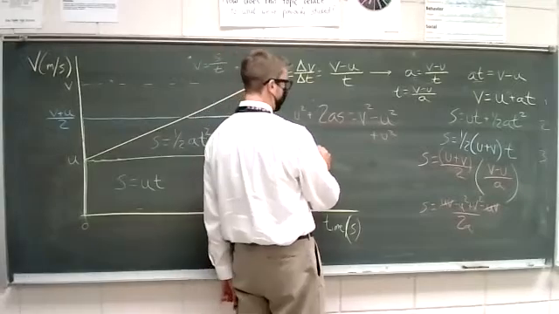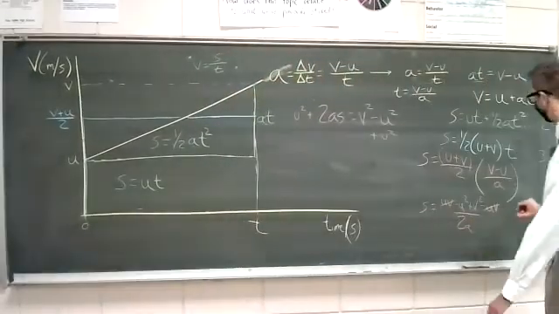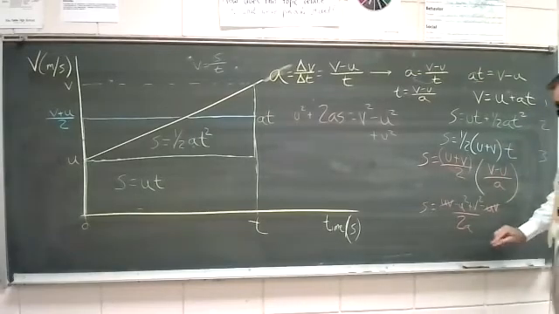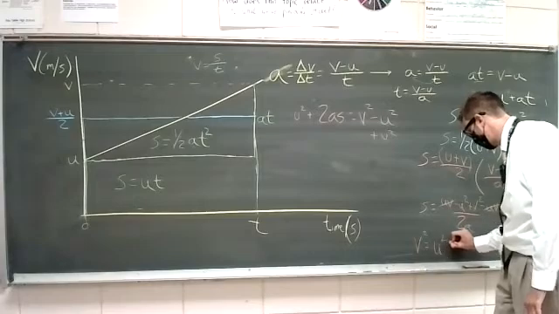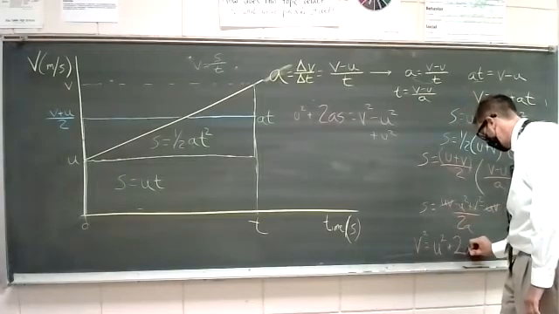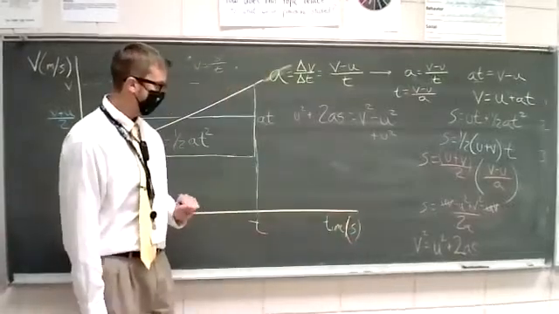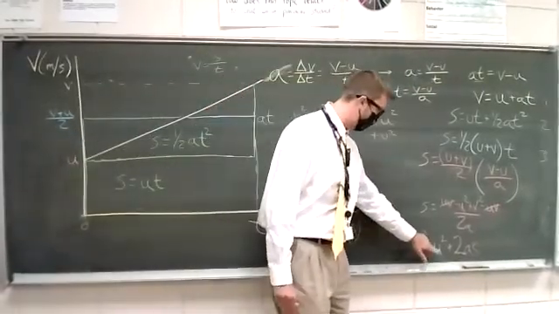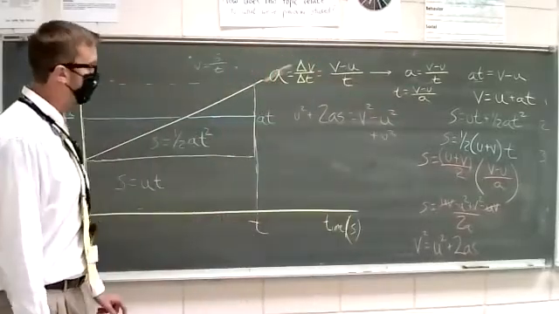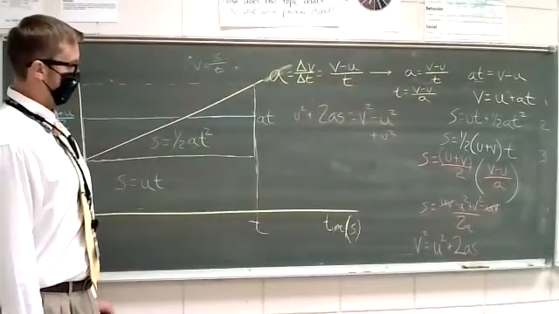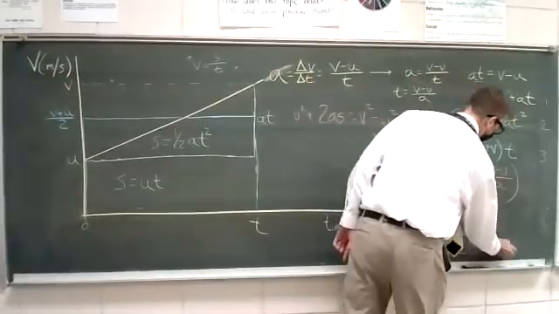So we end up getting our final equation 4: v squared equals u squared plus 2aS. There is no time in that equation, right? This is the equation that relates final velocity, initial velocity, acceleration, and displacement. We'll call that one equation 4.